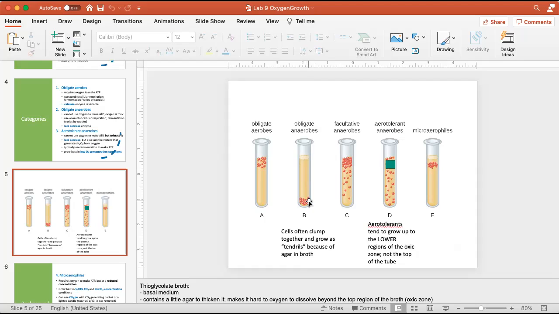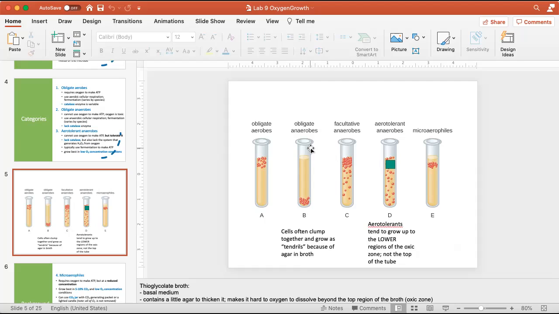You can buy thioglycolate pre-made, and most of the labs I've worked in buy it because it's kind of a pain to make. You can even add an indicator dye in here. Remember, we said indicator dyes change color when pH changes.